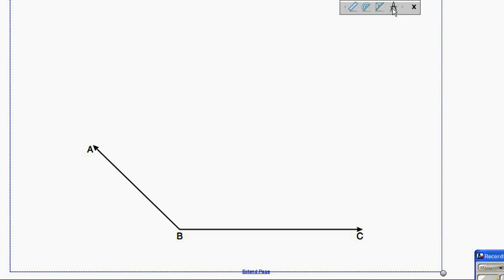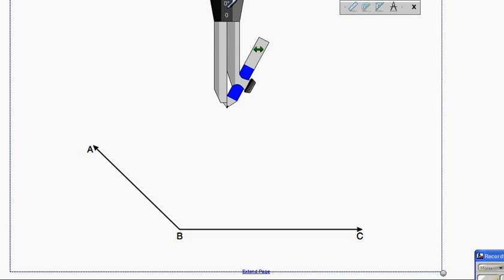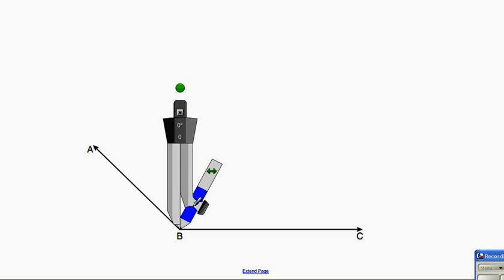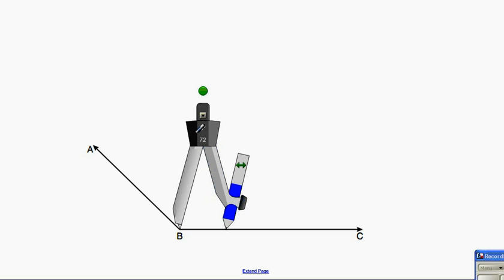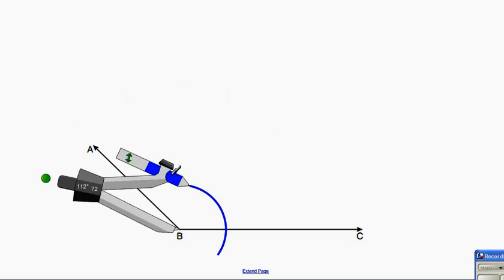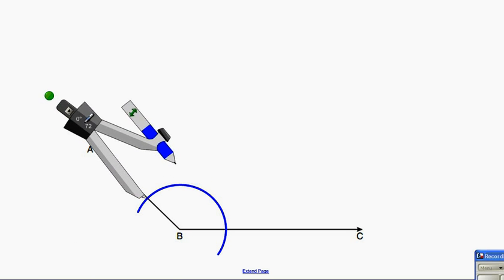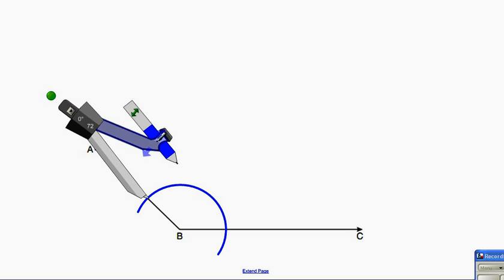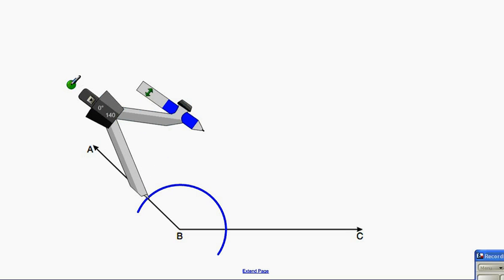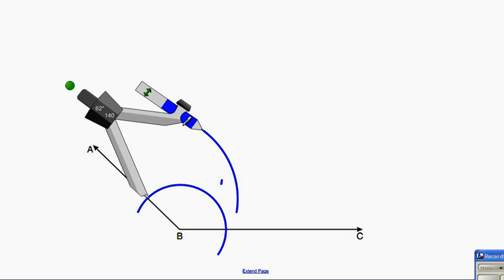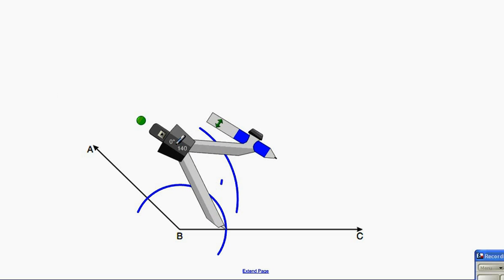Alright. Now, angle bisector. How are we going to do that? First, we have to get the compass. Then take this one out with a certain distance and draw an arc. Next, go to that point, and we might need to extend it a little bit further to the point where we can have two arcs intersecting each other here. So one over here, without changing anything.